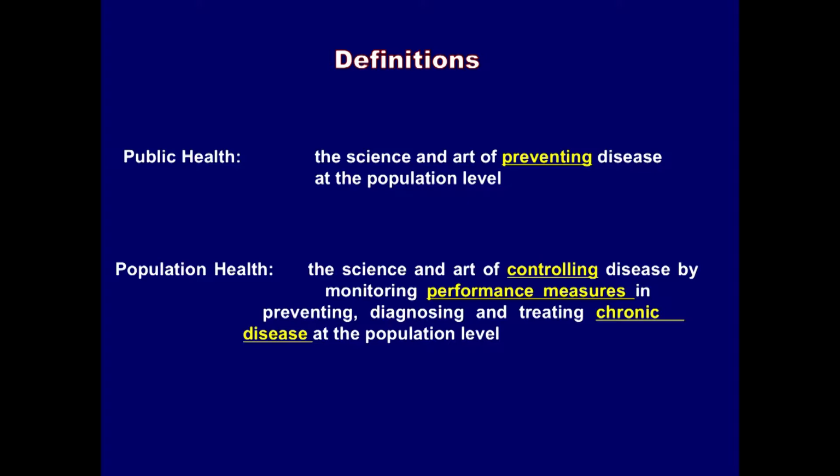And now we have to figure out a way, instead of treating an individual at a time, how can we treat the population at a time to prevent disease? That's what population health is all about. So it is some kind of population health, but it's more in line with trying to make sure that for chronic disease management, we're managing the population to prevent chronic disease development and control.